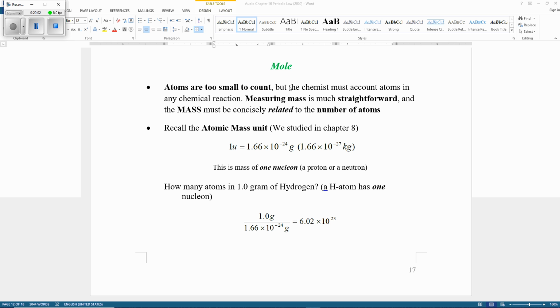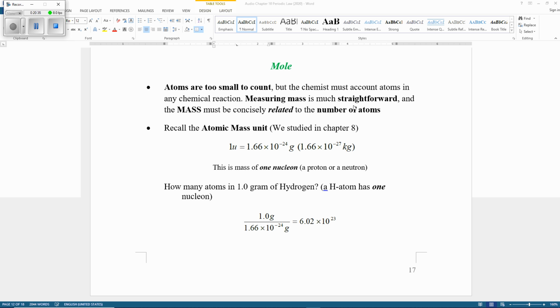So the chemists must count atoms, because they have to calculate the chemical reaction, how much gives you how much of what. Since you cannot count atoms directly, it's much easier to measure the mass. So you only need a balance.